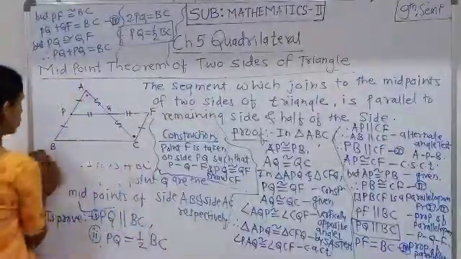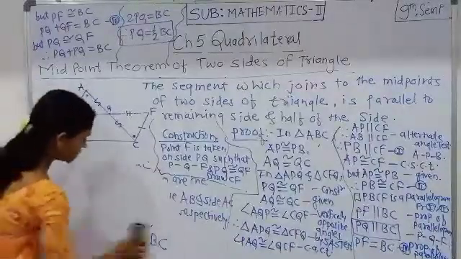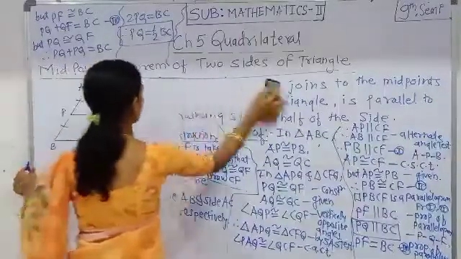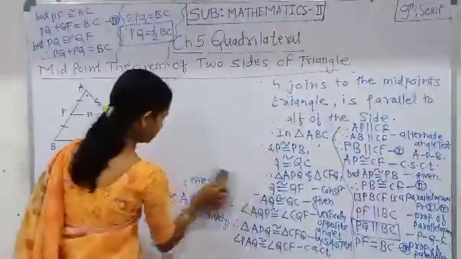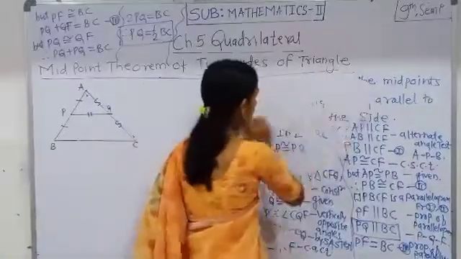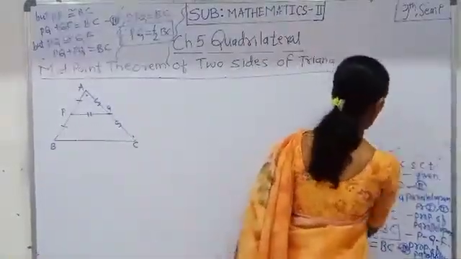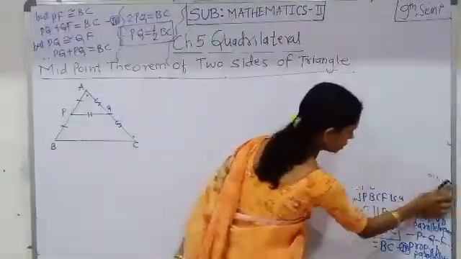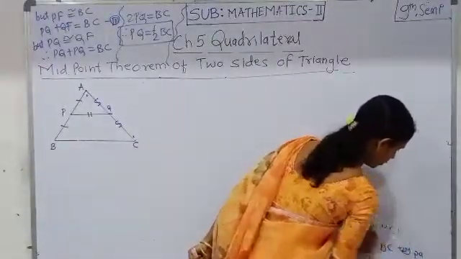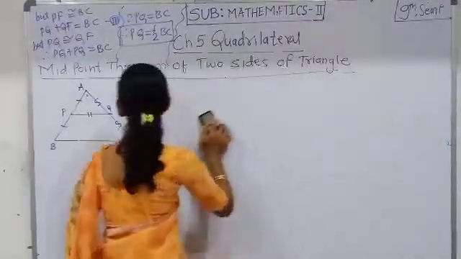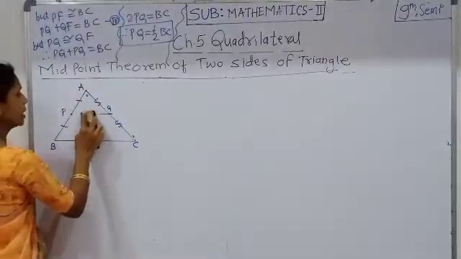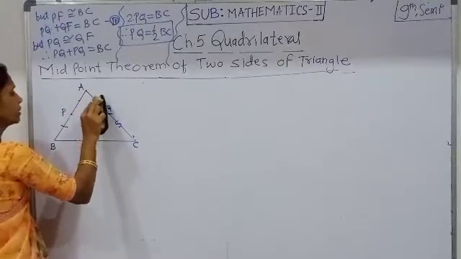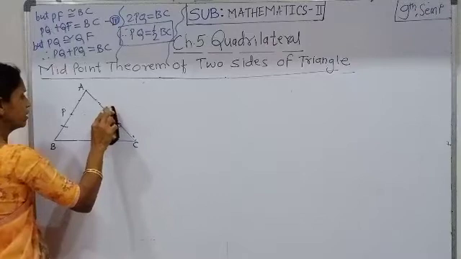Then we can solve the examples which are based on those properties from practice set 5.5. See here, there are a few examples given in practice set 5.5, based on the midpoint theorem as well as the converse of the midpoint theorem of a triangle.